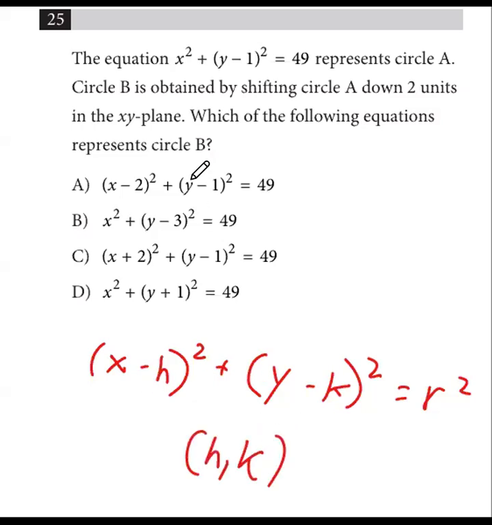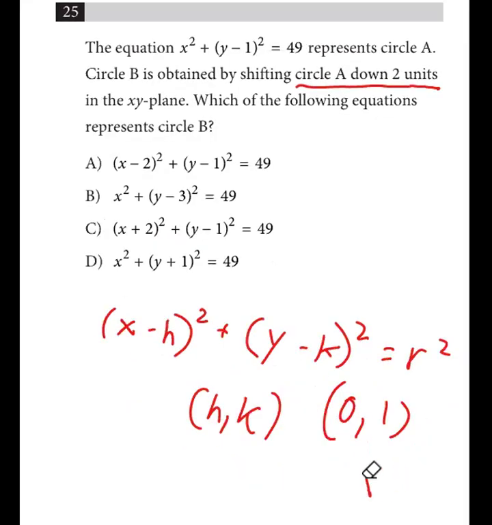So in this case, h would just be 0, and k is just positive 1 because it's y minus k. So the current center is at positive 1, and we're told we are shifting circle A down 2 units. That would just mean we take this, and for the y value, we subtract 2. So we get 0 comma negative 1.